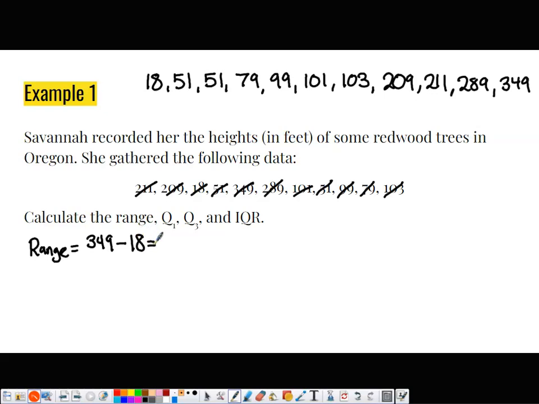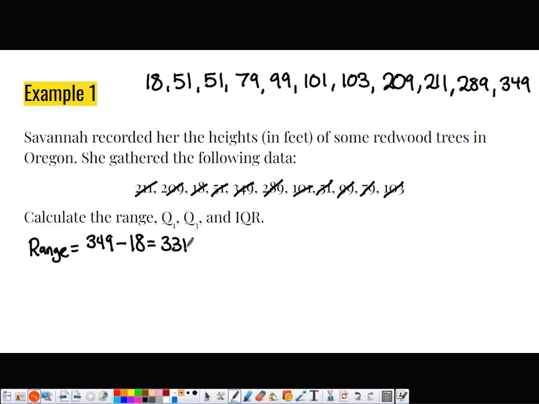When we do that, 349 minus 18, we should get 331. So the range of this data is 331. Then we need to find out what the Q1 and the Q3 are.